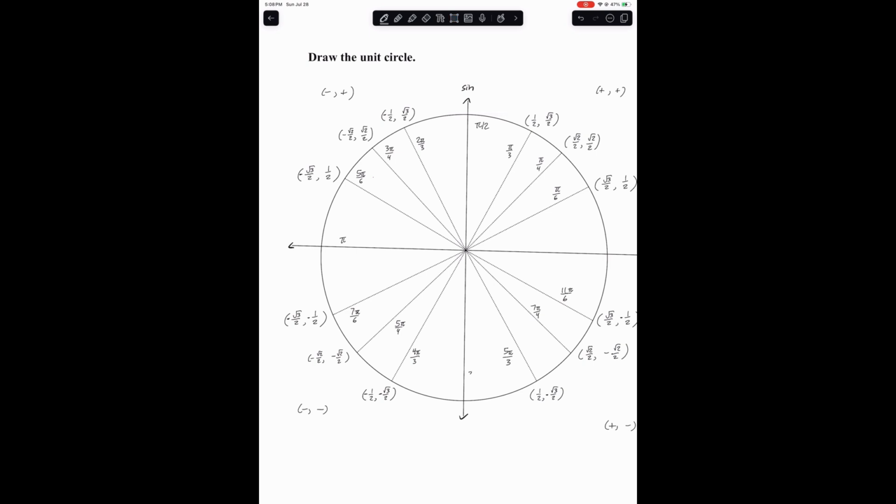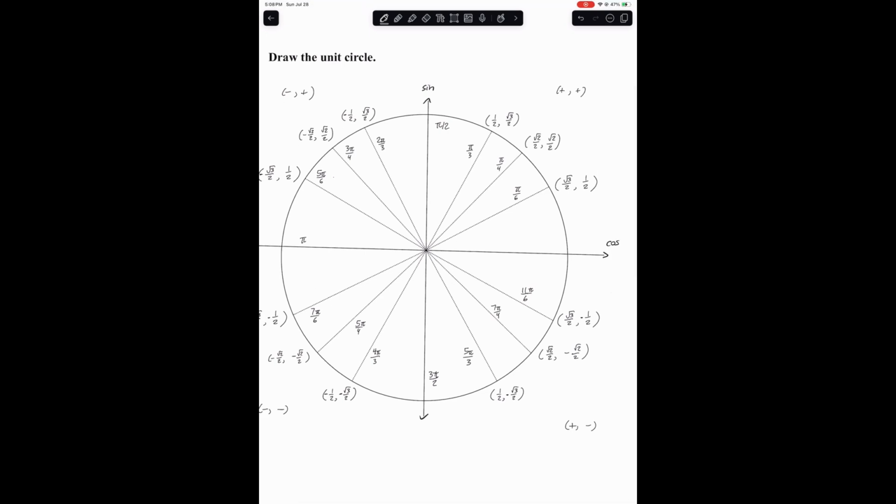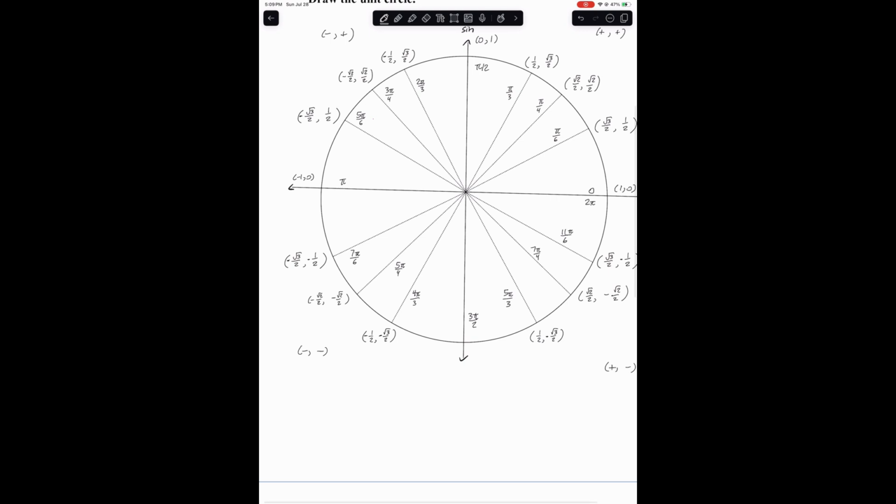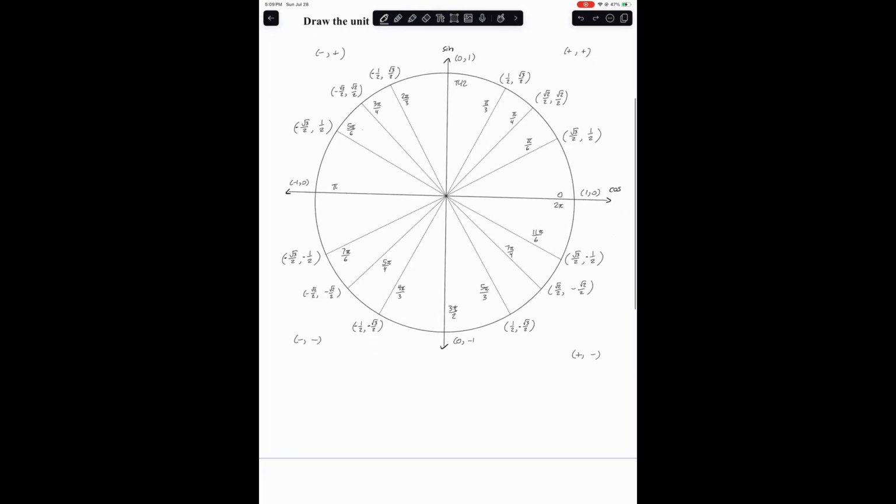Down here it's 3 pi over 2. So on this point, this is 0 or 2 pi. Here is 1 comma 0. This is negative 1 comma 0. This is 0 comma 1. Down here we have 0 comma negative 1. And this is the full unit circle.